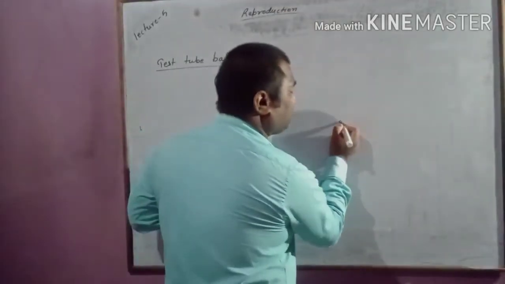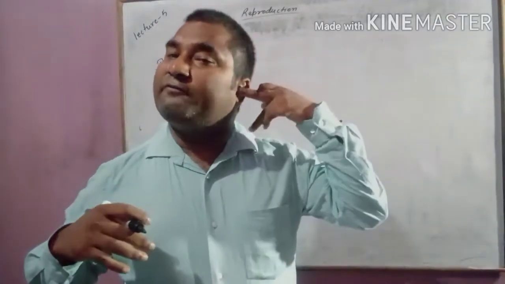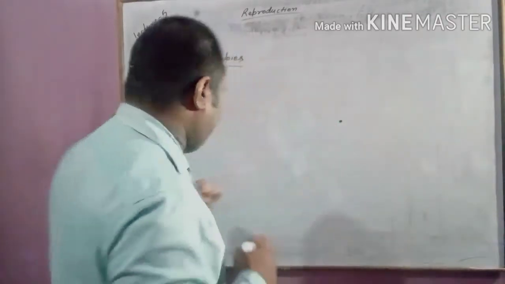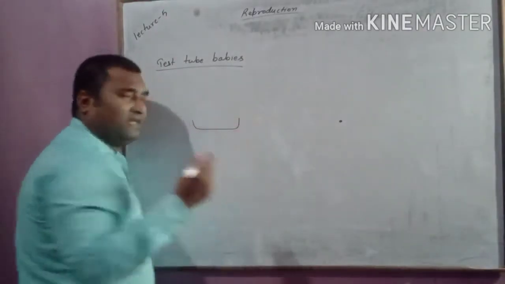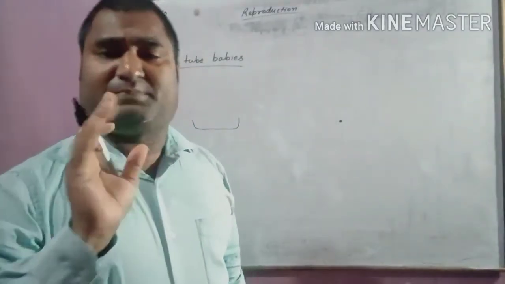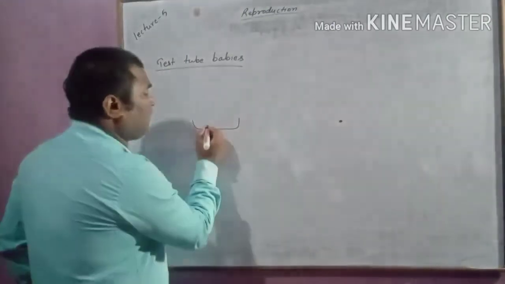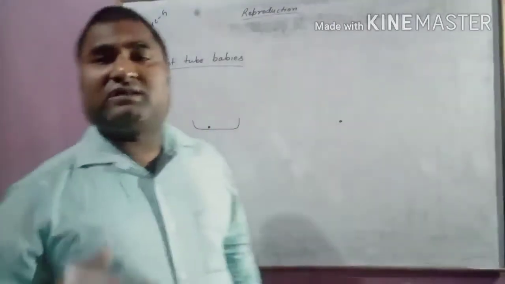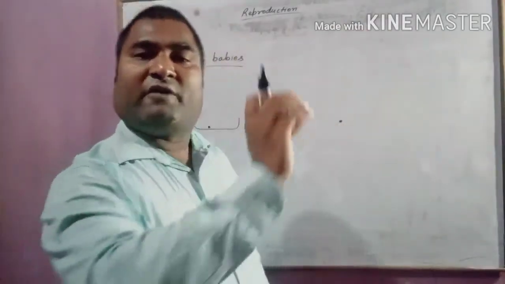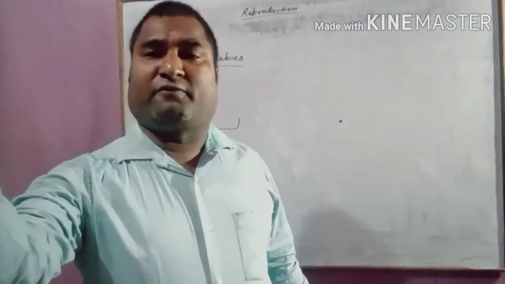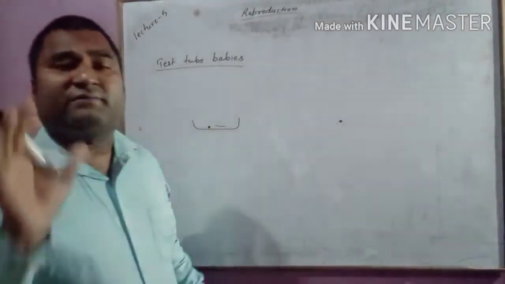Means the ova that is released by the ovary is taken out from the body of the lady, and this ova is taken into a petri dish, a special container. In that, this ova is placed along with the semen or the sperm from the male, meaning the husband.